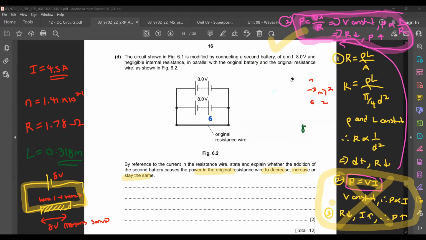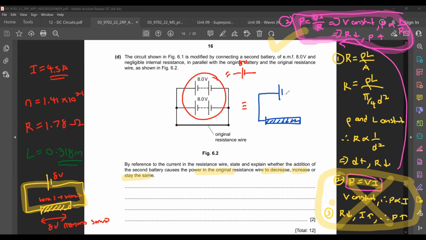Okay, this one probably relates to what I mentioned to you guys before. If I have two batteries connected in parallel like this, as I mentioned in the last lesson, it's actually going to be the same as 8 volts only in my case. So my equivalent circuit is just going to be something like this. This is my resistance wire.